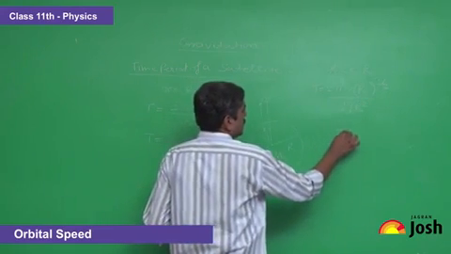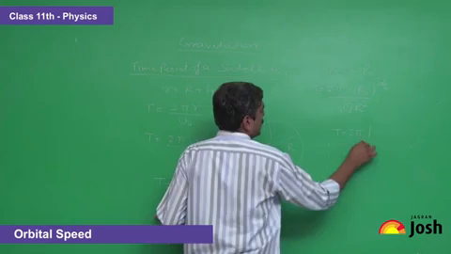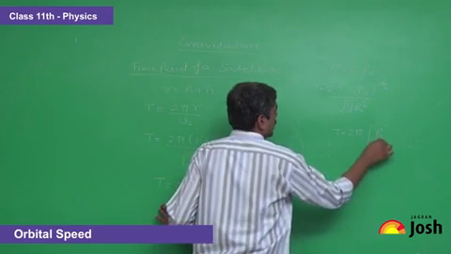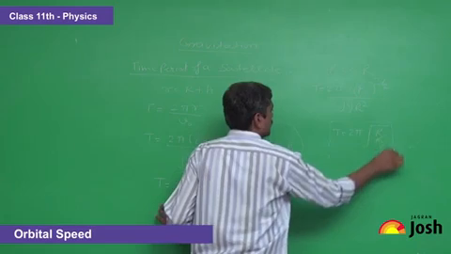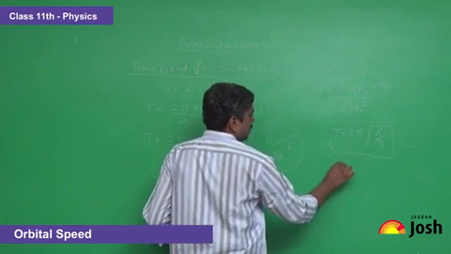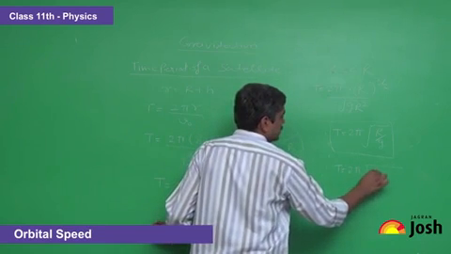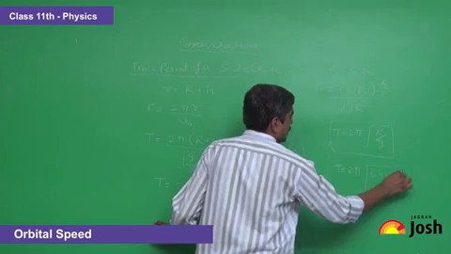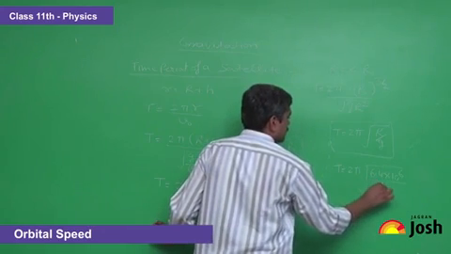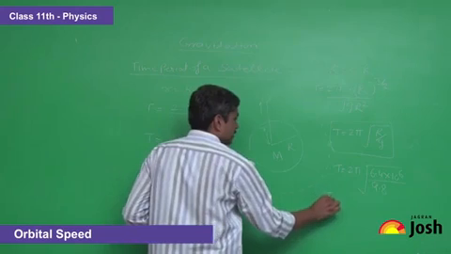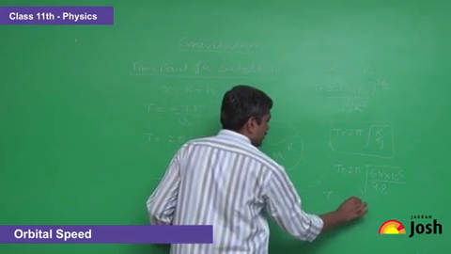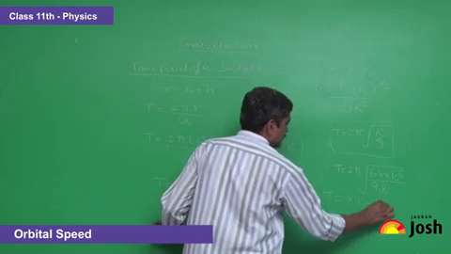On solving it, we get 2 pi under root R upon g. For a nearby satellite, we put the values of R and g, that is 6.4 into 10 to the power 6 upon the value of g, 9.8. The result will give approximately 84 minutes.